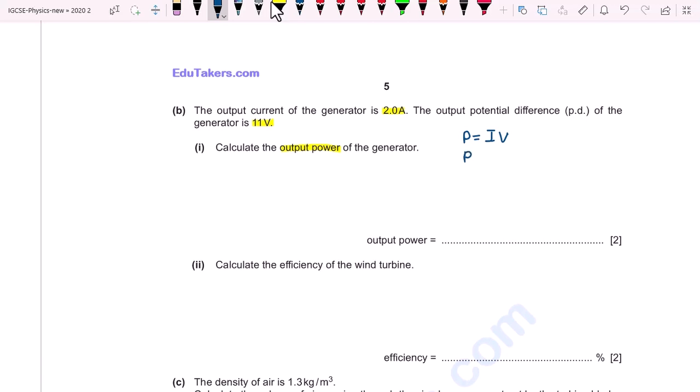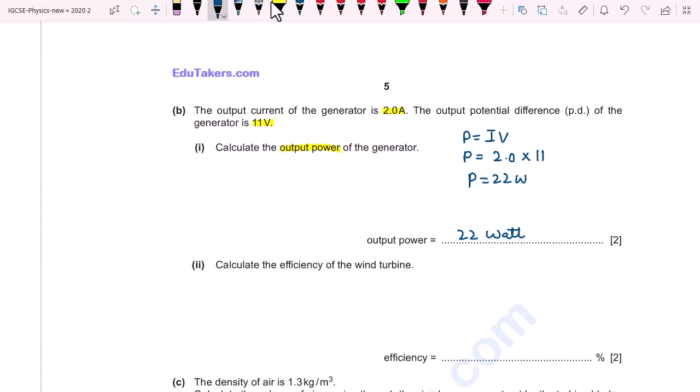So it will be equal to I is given as 2.0 multiplied by potential difference is 11. So P comes to be 22 watts. So I write here output power is equal to 22 watt.